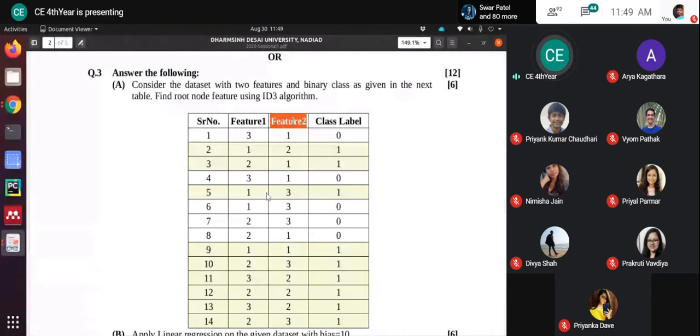Fine, but I guess it's very easy for those who have attended, and of those who attended this particular question, many are able to get the correct answer. Very few, maybe 2 or 3, might have written that feature 1 is the root node. Otherwise everybody has written that it's feature 2.